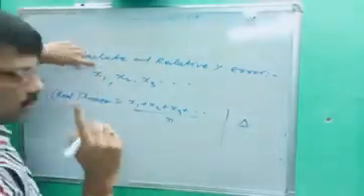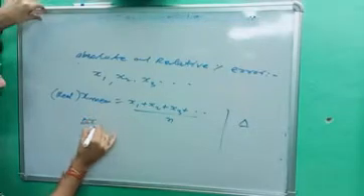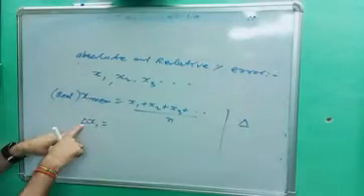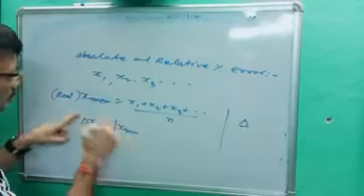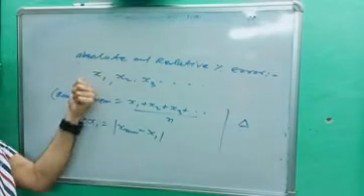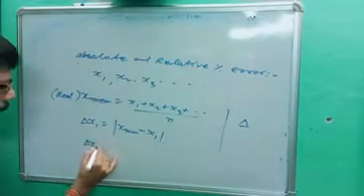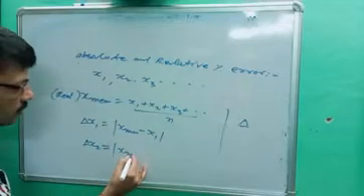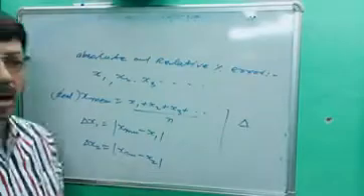First, the error done by the first student will be del x1, where del means error and x1 means the first student, equal to mod of x mean, the real value, minus x1, the first observed value. Similarly del x2 is mod of x mean minus x2. Why are we taking it inside the mod? Because it is always positive.